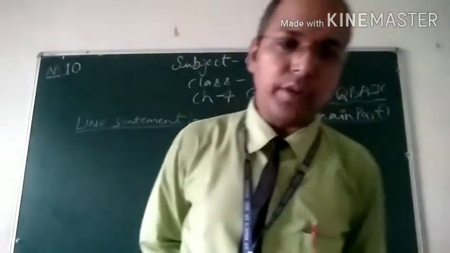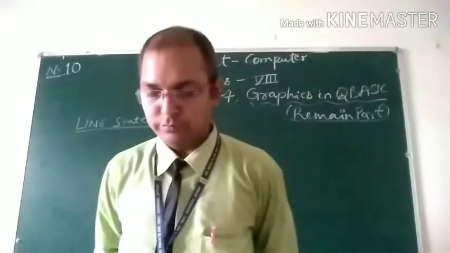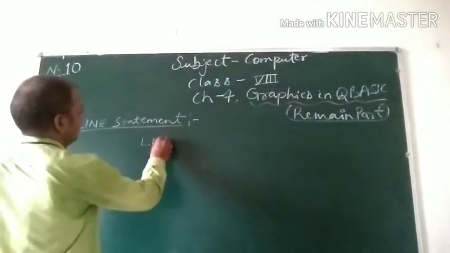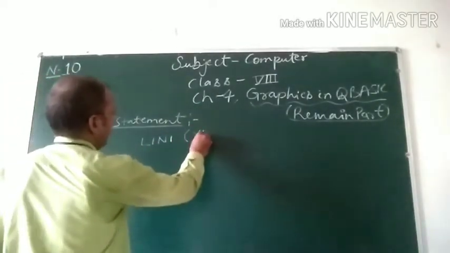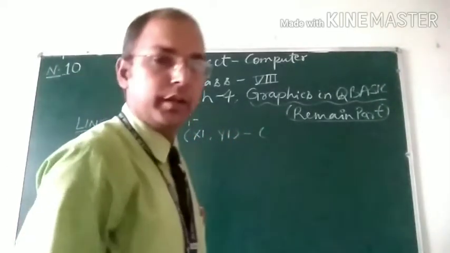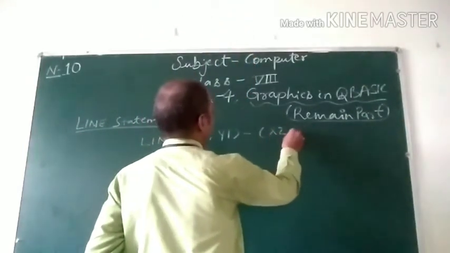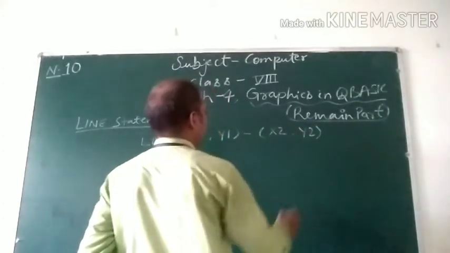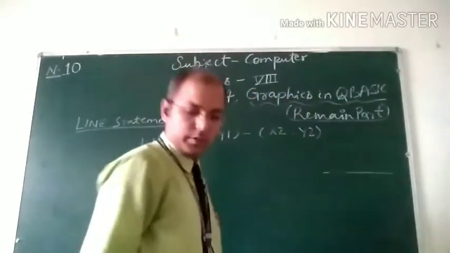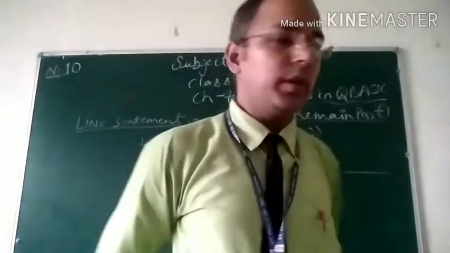The syntax of the line statement is LINE x1,y1 dash x2,y2, color, because the straight line is drawn between the 2 points.